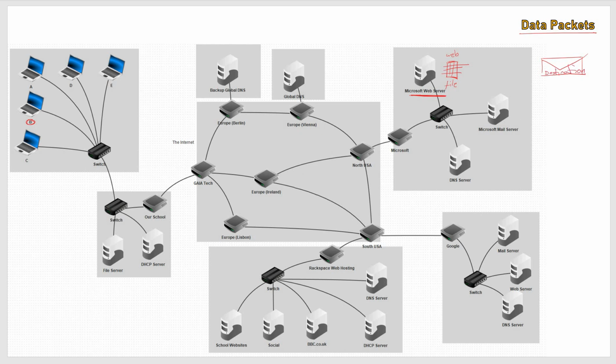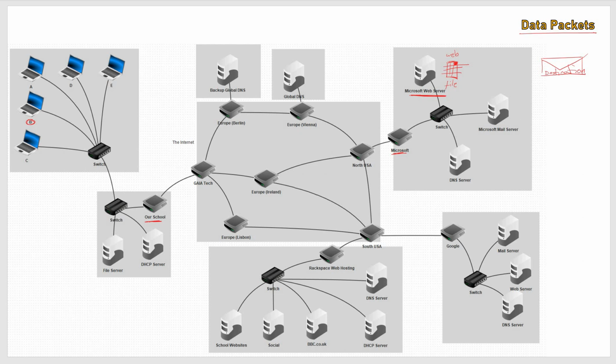So what happens is when the packet is given to the router here, the gateway knows where to find your school using the IP address for your network, and then will send this packet, which is just one of these pieces of the bigger file, through the routers that connect your school to Microsoft.